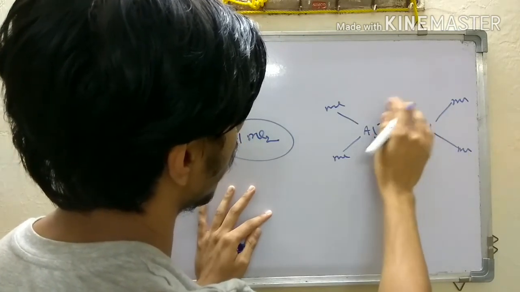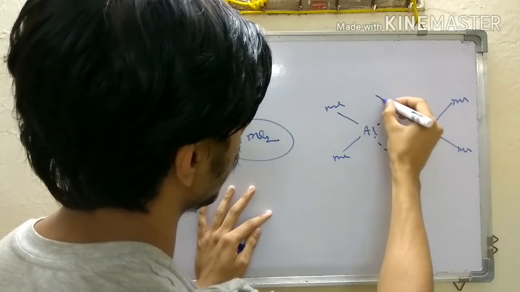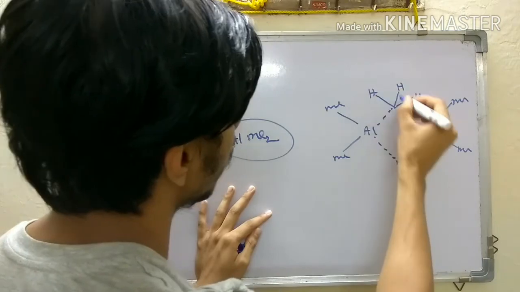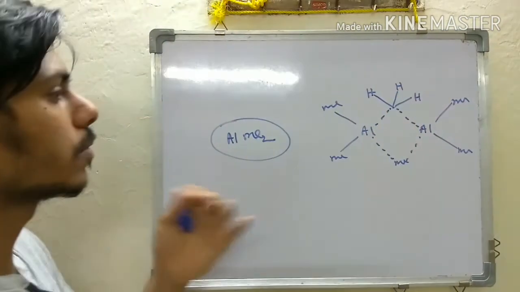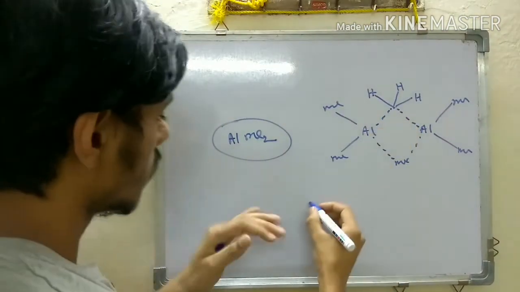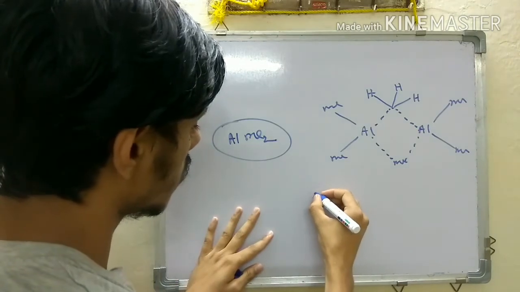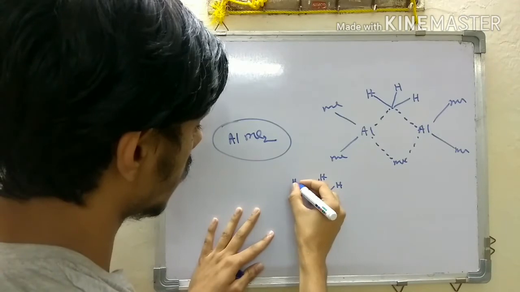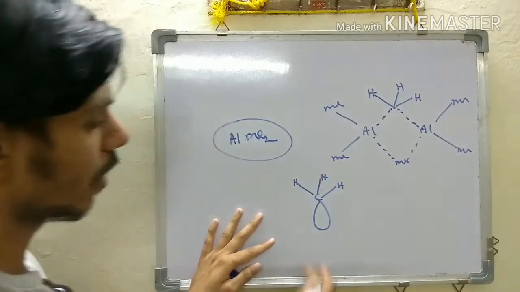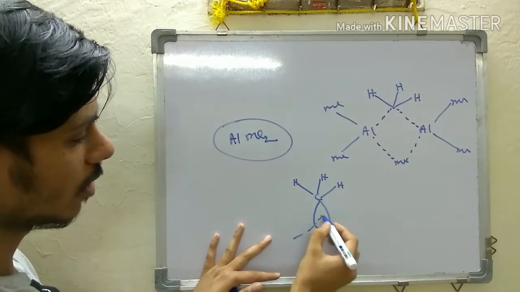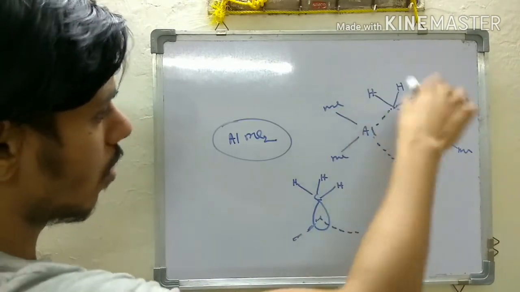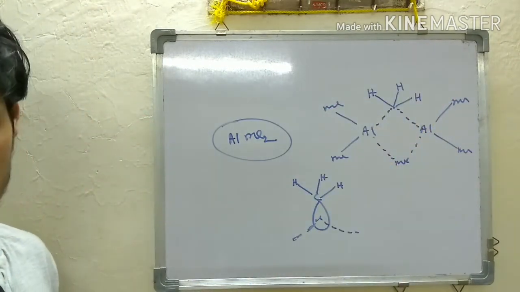If you expand this structure, you will see that in this case your methyl group is pentacoordinated. The carbon atom is pentacoordinated, and you can consider this carbon as an sp3 hybridized carbon. So this is an sp3 lobe, and this sp3 lobe is shared between these two centers, so this structure is also possible.